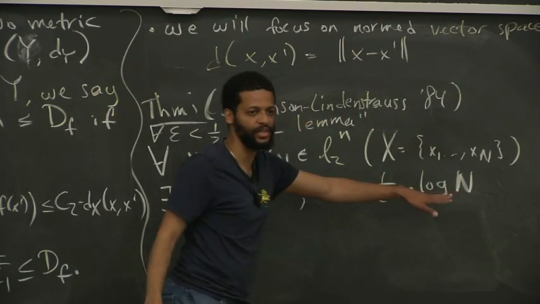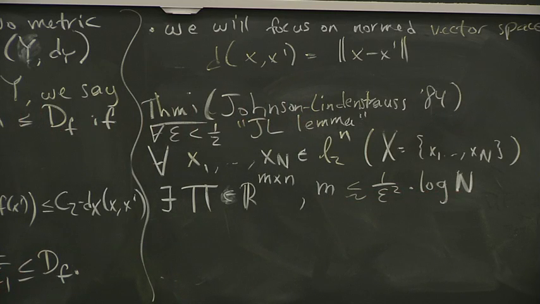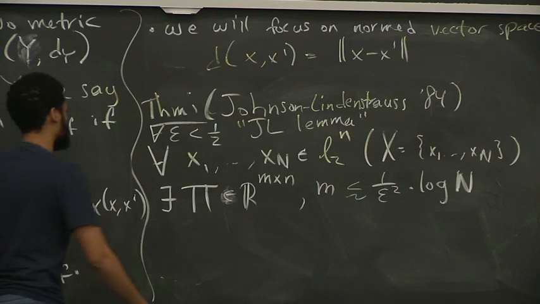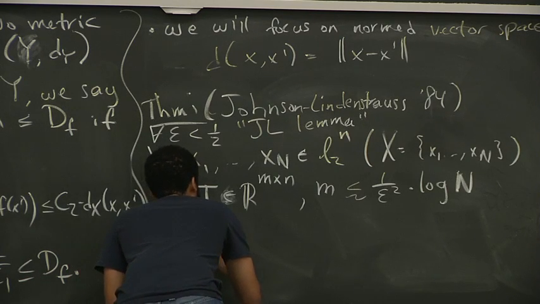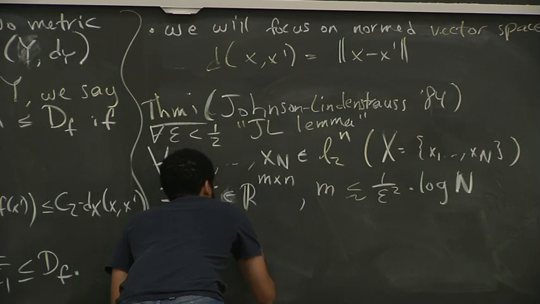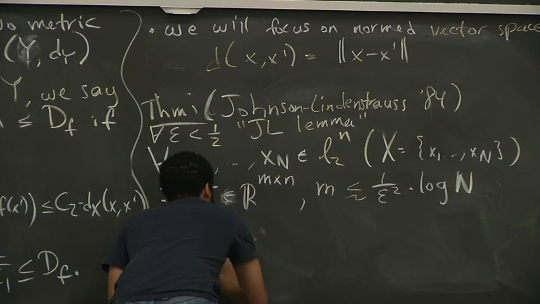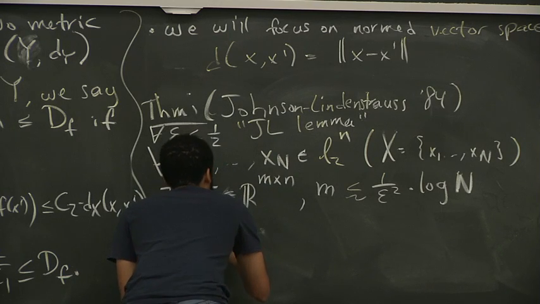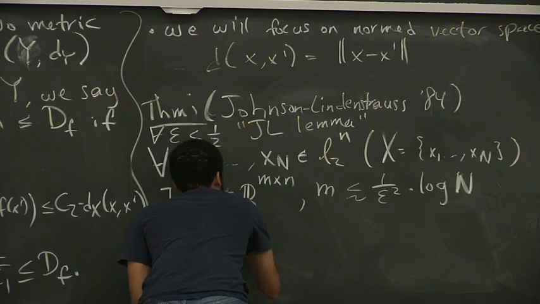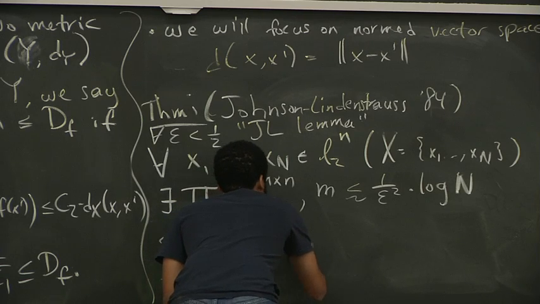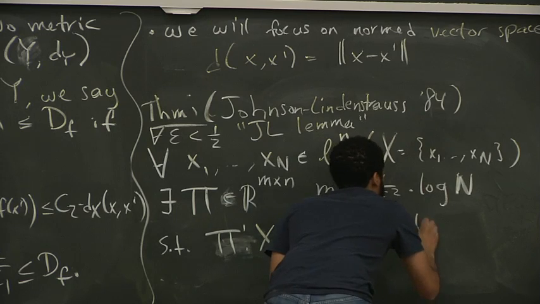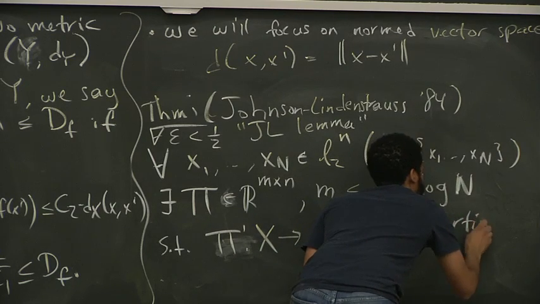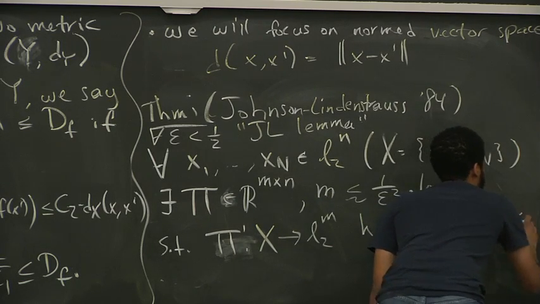Notice it doesn't depend on the original dimension at all, just the number of points, such that the map x goes to pi x, mapping capital X to L2^m, has distortion at most 1 plus epsilon.